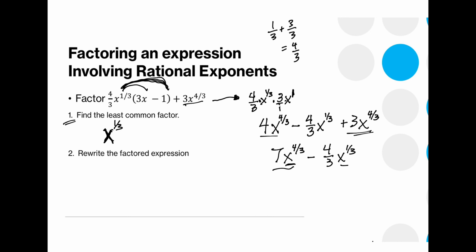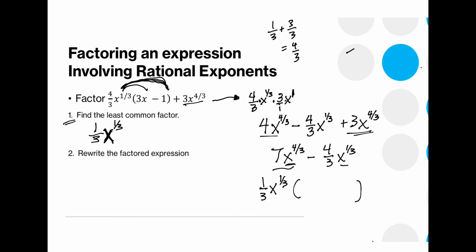Now, as far as the number goes, I would like to be able to take out the fractions, right? I want to take out the 1/3 that's there. So I'm going to write this out here, 1/3 x to the 1/3. This will leave me with whole numbers inside my parenthesis by taking out that 1/3.